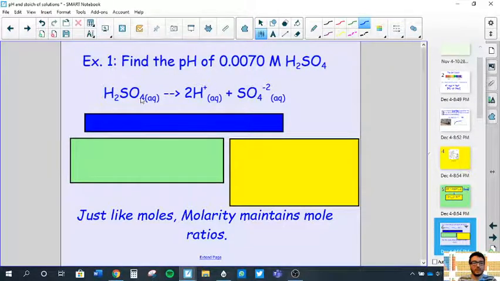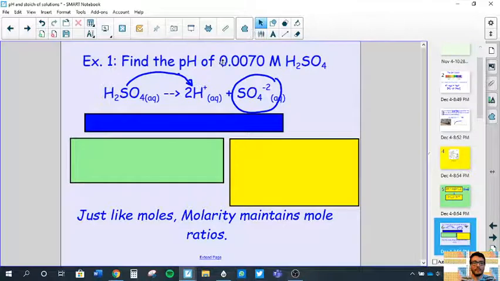So here it says aqueous, there we go. So in a 1-to-2 ratio and in a 1-to-1 ratio. Okay, so this is not really relevant, but we do need to write that down. What's important here is as we compare this acid, sulfuric acid, with the ion that it produces through its ionization.